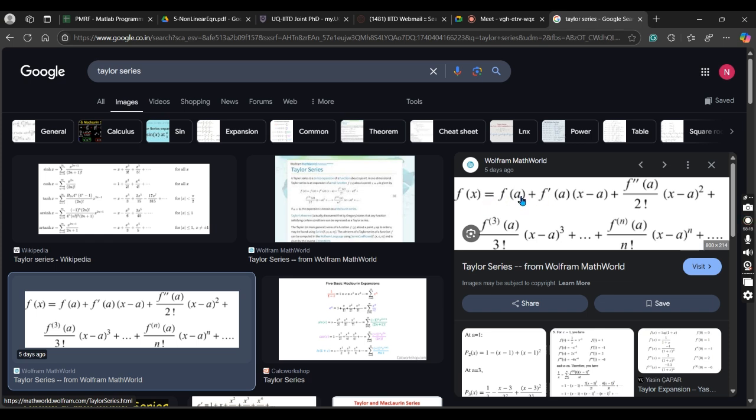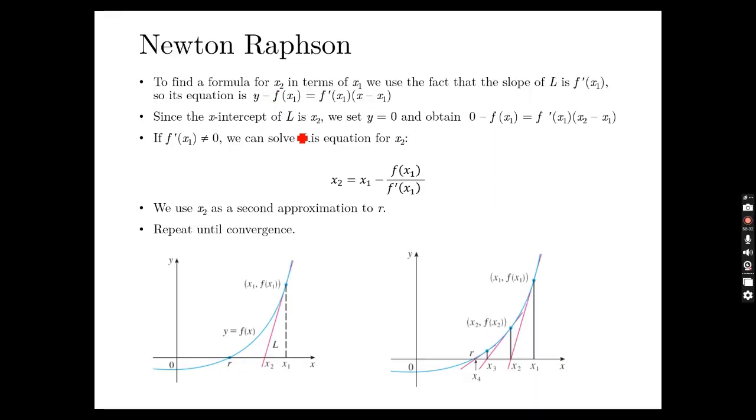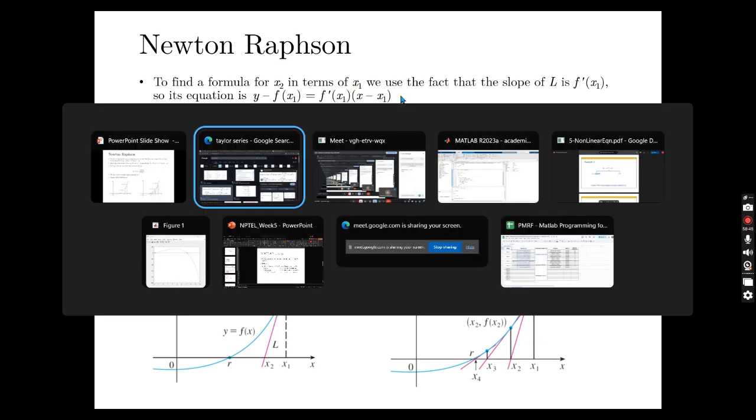I am just trying to find the value of x. So I will take f(x) minus f(a) divided by f prime of a, plus a, and that will be my x value, right? So this is what Newton-Raphson also gives us. So this is basically y is equal to f(x1) plus f prime of x1 times (x minus x1), right?